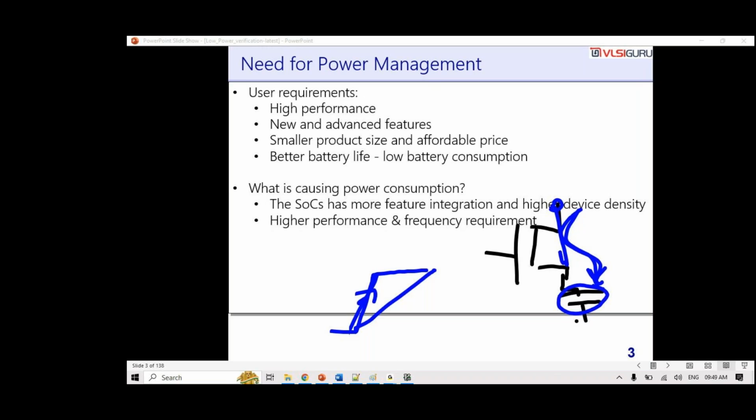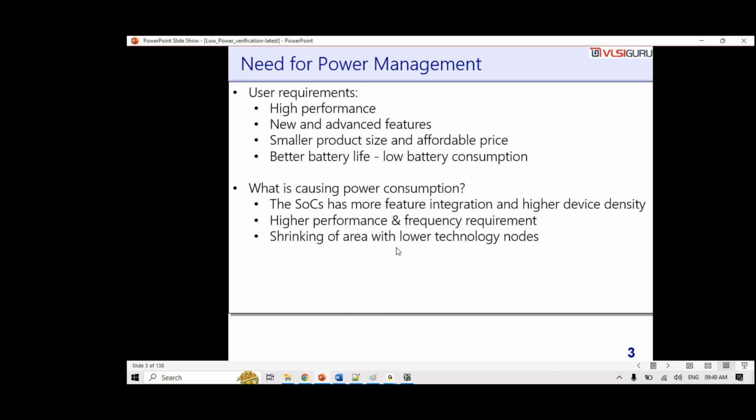To get better performance, you are increasing the voltage. As you increase the voltage, the power consumption also increases, and parallelly the leakage current also will increase because of all this.